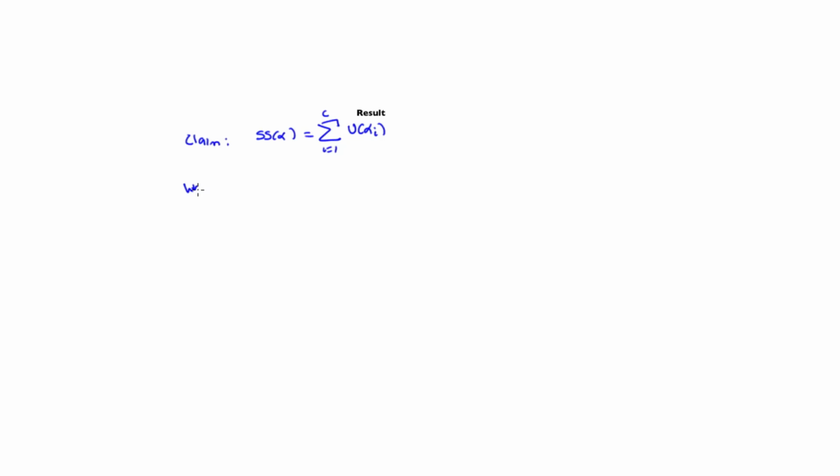So why is this the case? Proof. Well, notice that the sum over all consumers of U alpha I is just, substituting the functional form for the utility function given the quasi-linearity, Bi of Xiz plus Miz.